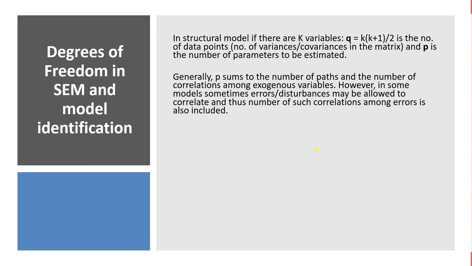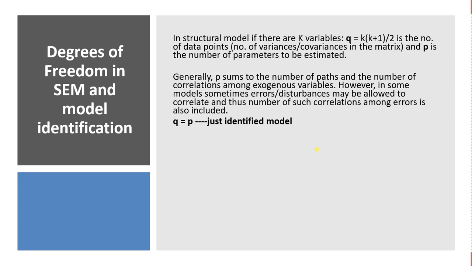Sometimes, generally at the level of modification, errors or disturbances are also allowed to correlate with each other. Those will also be added, and the sum will determine the number of parameters to be estimated, that is the p.